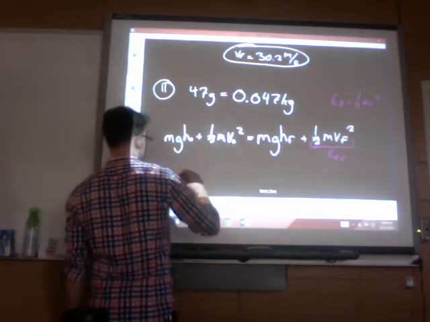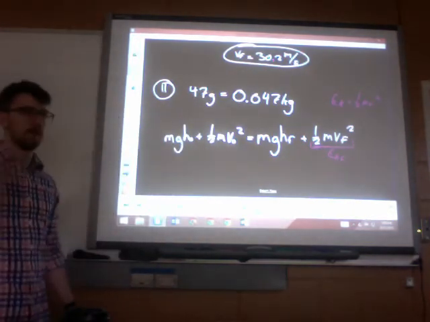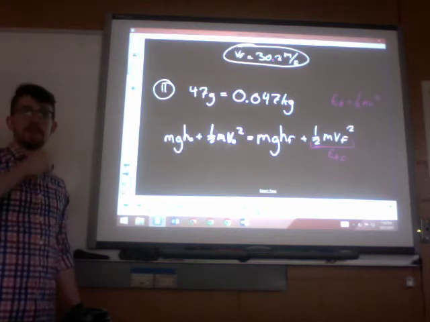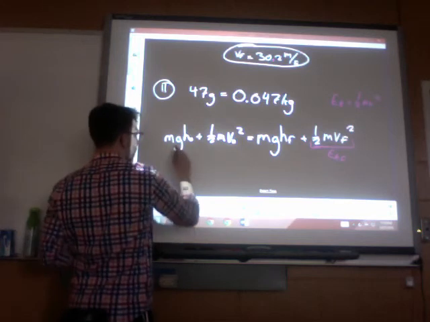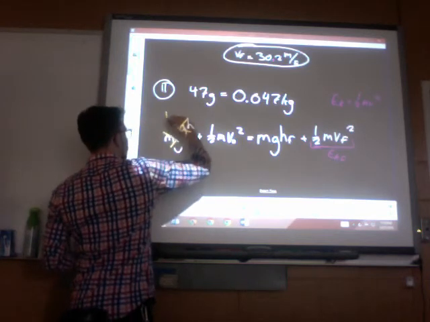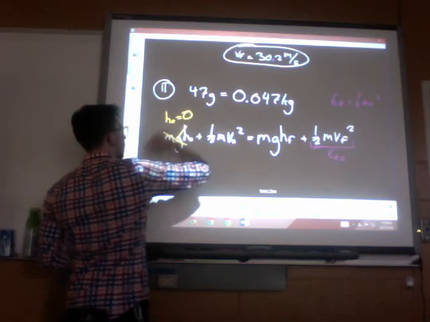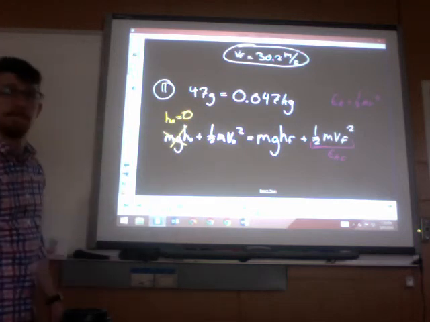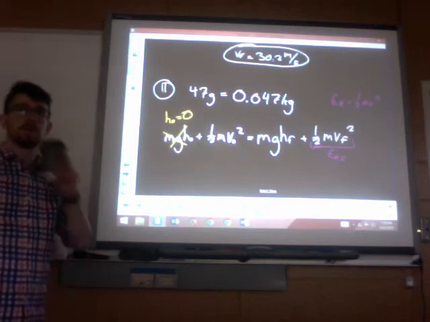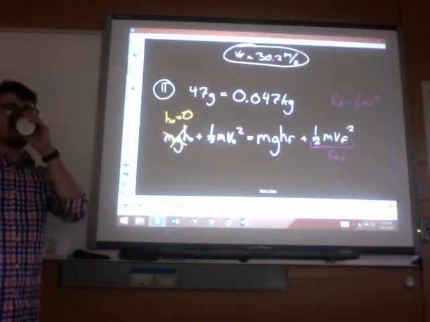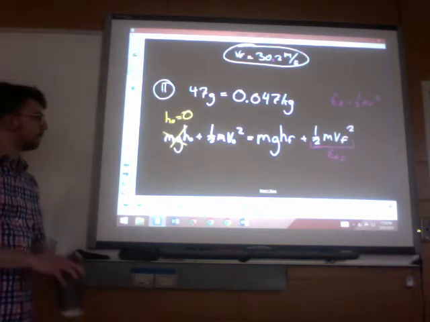So the initial height would be 0 because it's on the tee. It's just a little bit off the ground, but that's enough to call 0. Did you have another suggestion, Michaela? I was asking whether it matters if EK is final or initial. It matters.